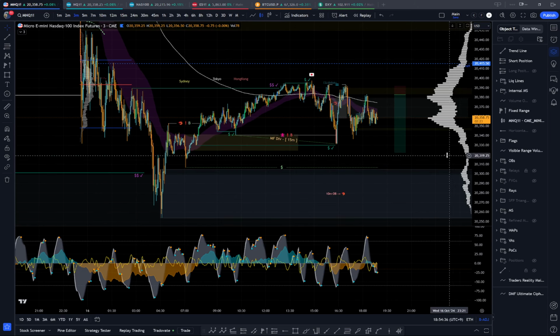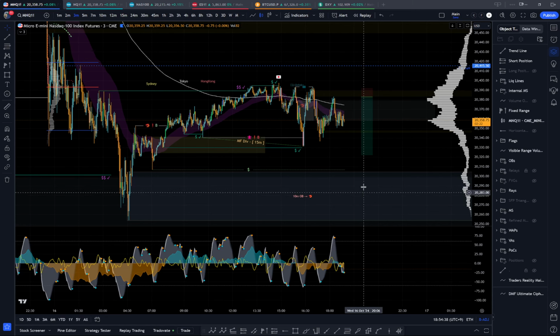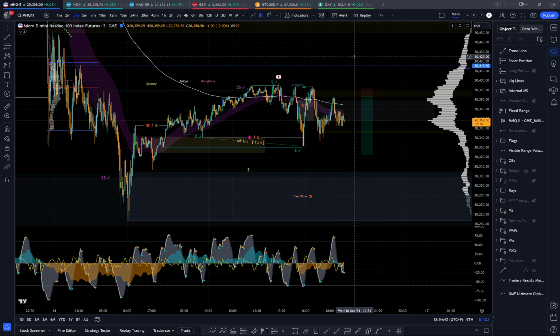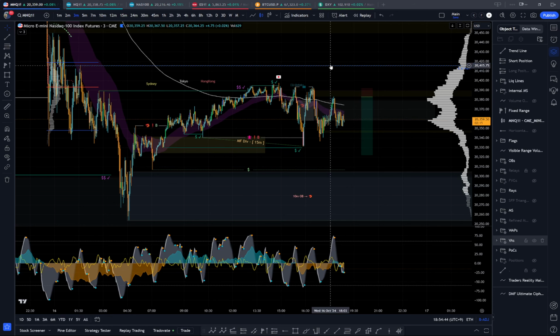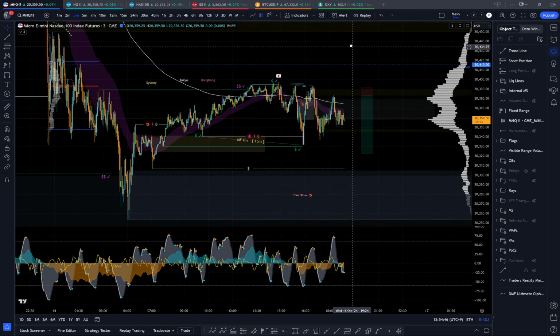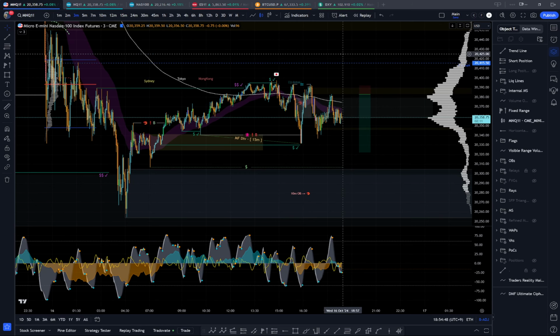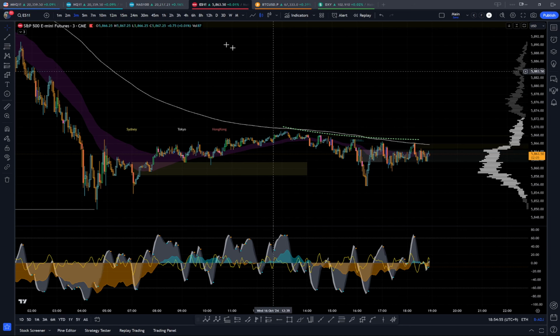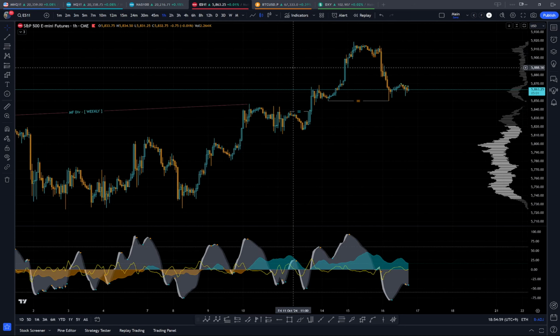And if one of them happens, I'm more likely to take one type of trade. If this one happens first, I'm gonna maybe sit back and see if I can get a scalp or something instead of trying to catch a bigger move. But that's it, really. It's a very quick one today, isn't it?